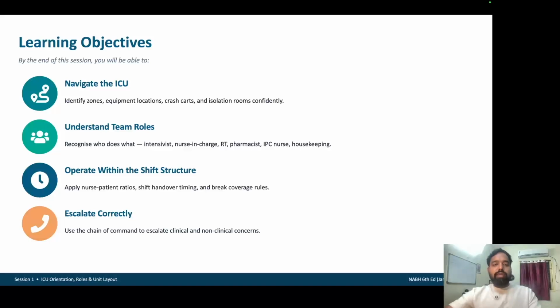In an ICU, you will be a part of a system which includes many people: intensivist, nursing in charge, respiratory therapist, pharmacist, infection prevention and control nursing group, and housekeeping department.